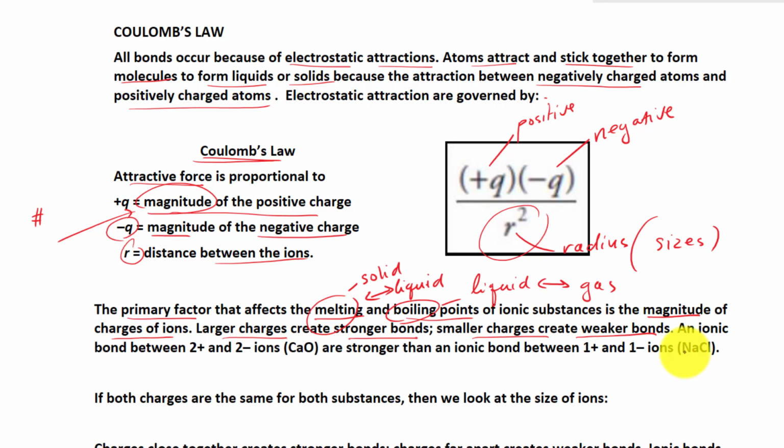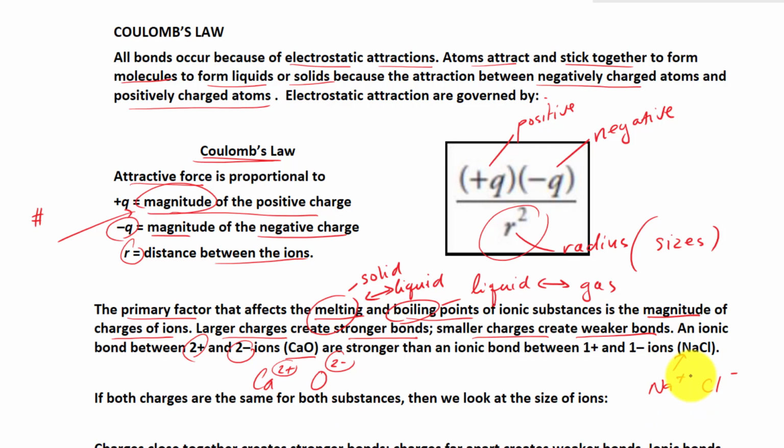To illustrate, an ionic bond between 2 plus and 2 minus, like calcium oxide, CaO. Remember, calcium is in group 2A, so 2 plus, and oxygen is in group 6A and 2 minus. So those are stronger compared to an ionic bond between 1 plus and 1 minus. And we know that Na is in group 1A and Cl is in group 7A. So this right here is a lot stronger than that one.